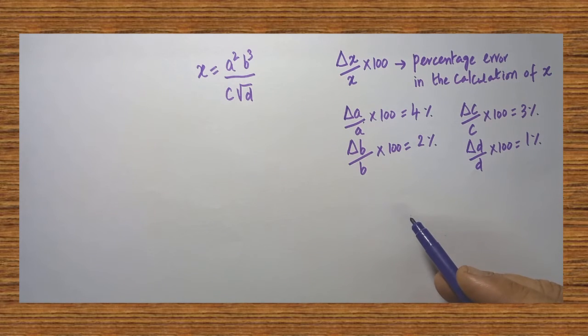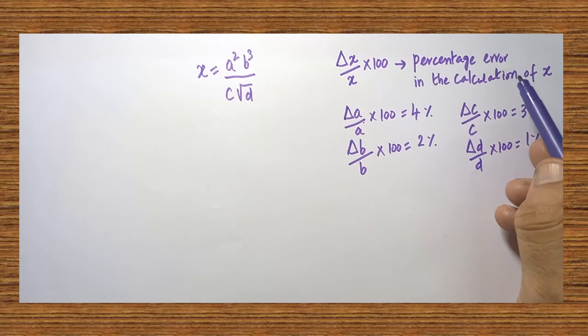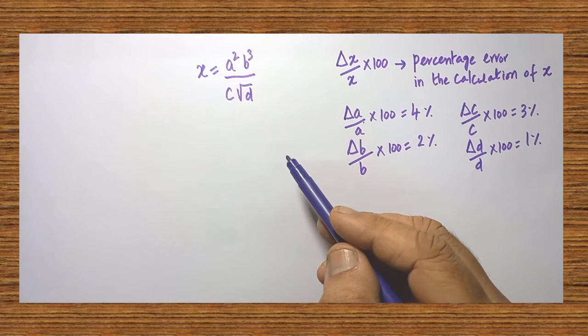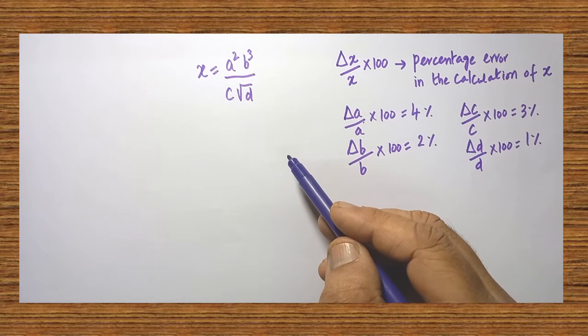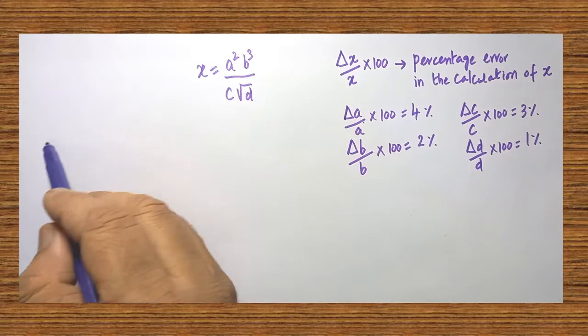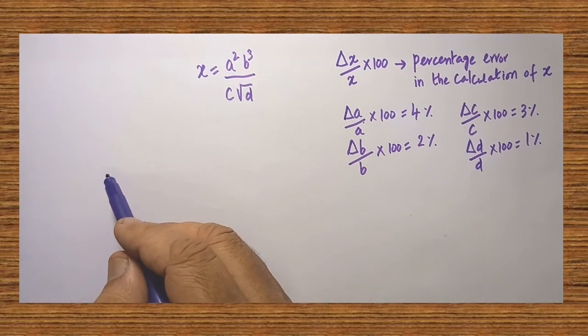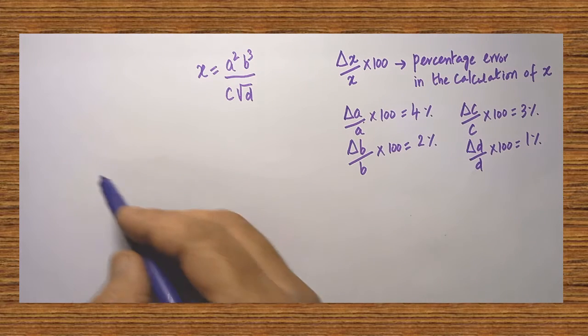Now you are asked to find out the percentage error in the calculation of x. Just now I have explained how to use the rule. That rule must be used. By using this general rule, we have to write that particular expression. Only then we are able to substitute all the values.